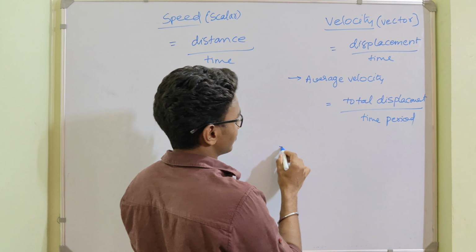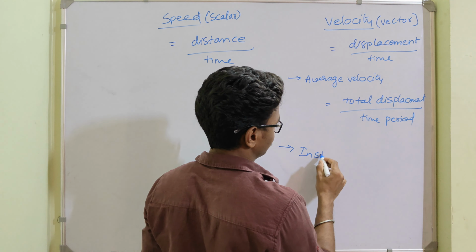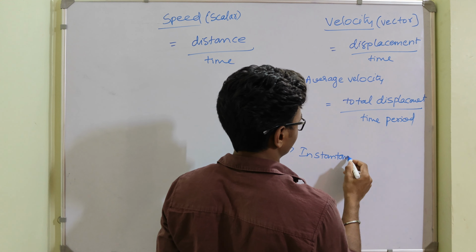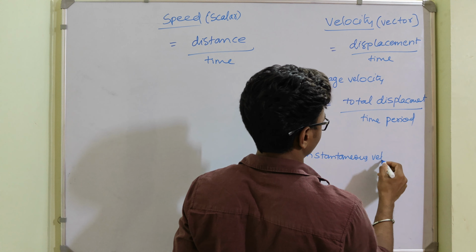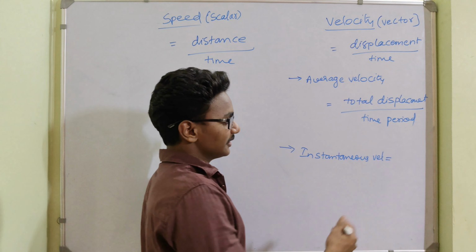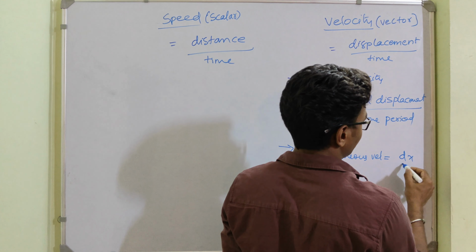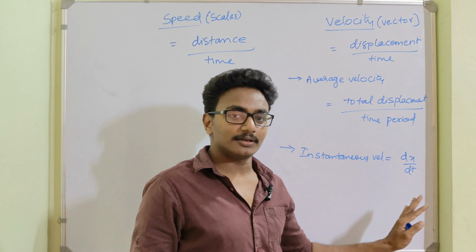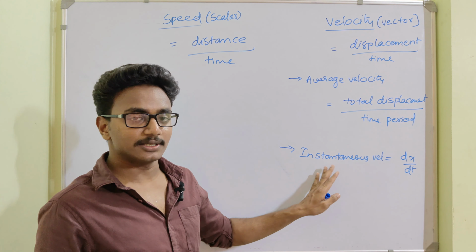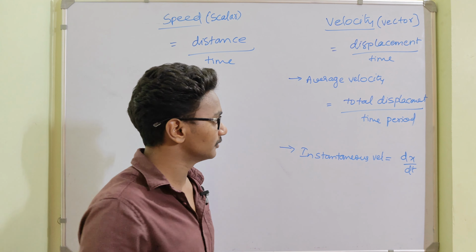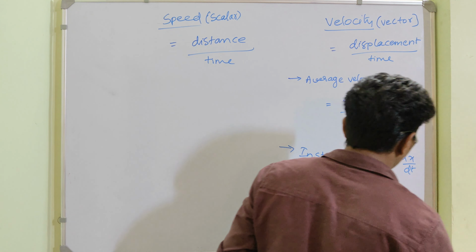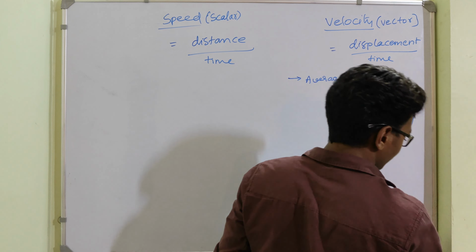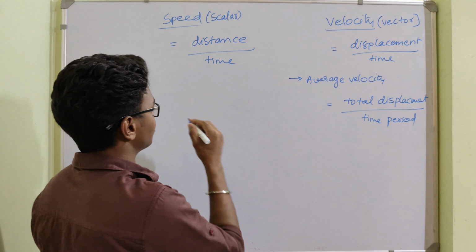Another one is instantaneous velocity, that is defined as dx by dt. We'll discuss this instantaneous velocity briefly in the next video. So in this video, we are going to deal with only average velocity and average speed.